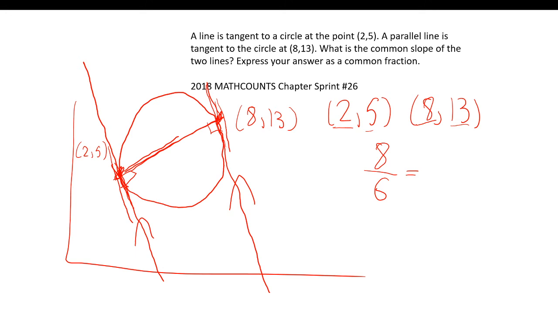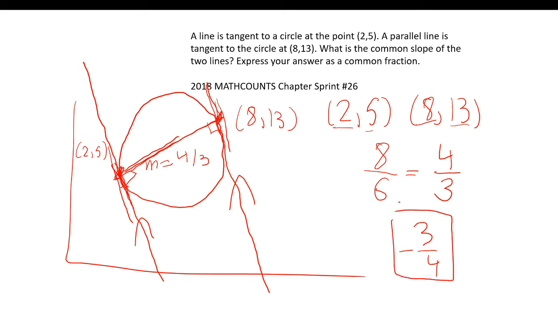So over here we just have 4, 2 times 4 is 8, and 2 times 3 is 6. So we have a 4/3 slope. The slope of this line is 4/3, and now we can find this common slope because these are perpendicular. So opposite reciprocal, we take the reciprocal, and then we just take the opposite, which is negative. So our answer is -3/4.